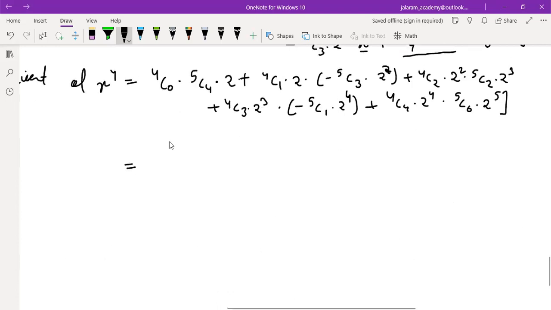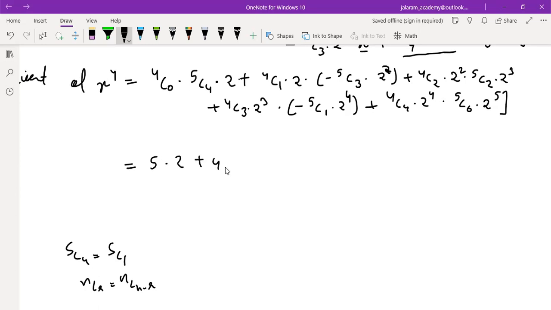So we will write the values of this. 4c0 is 1. 5c4 we know is equal to 5c1 as nCr equals nC(n-r), and 5c1 is 5, into 2, plus 4c1 is 4 into 2 into this 5c3, which is also equal to 5c2. We have read the formula nC2 can be expanded as n into (n-1) by 2. So it is 5 into 4 by 2, that is 10.